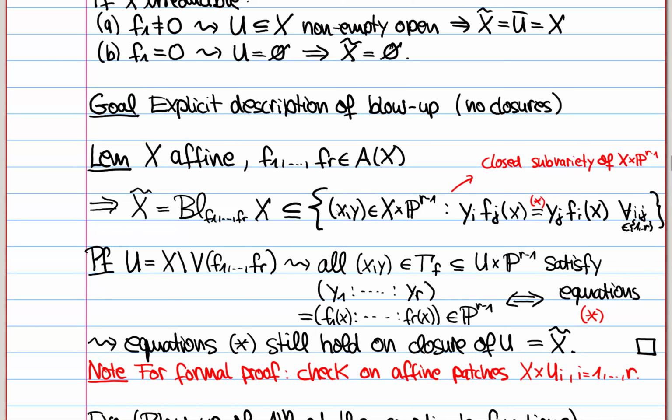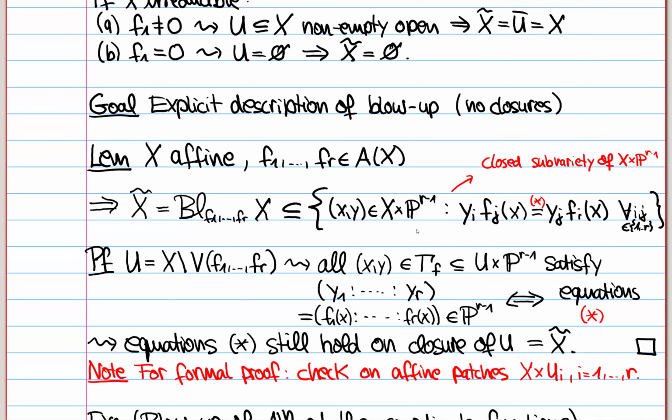Notice x are some affine coordinates on the affine space containing X, and y are the coordinates on this projective space. And the equations cutting out this subset here are exactly the equations y_i times f_j(x) equals y_j times f_i(x) for all pairs i and j in the corresponding indices 1 up to r on P^(r-1).